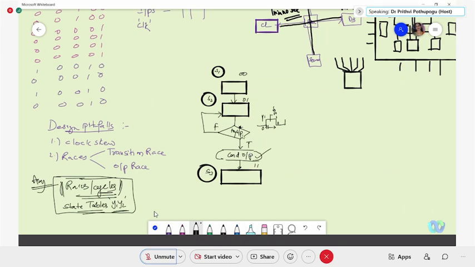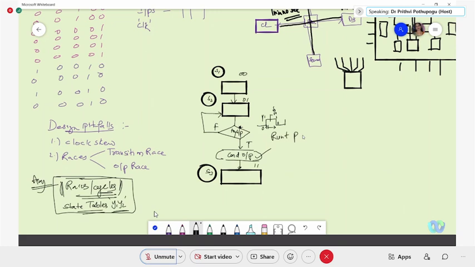An input changing at a shorter duration before the transition of your clock going from 1 to 0, or before the transition of S2 to S3. The input happening is very abrupt, and that we call a runt pulse.